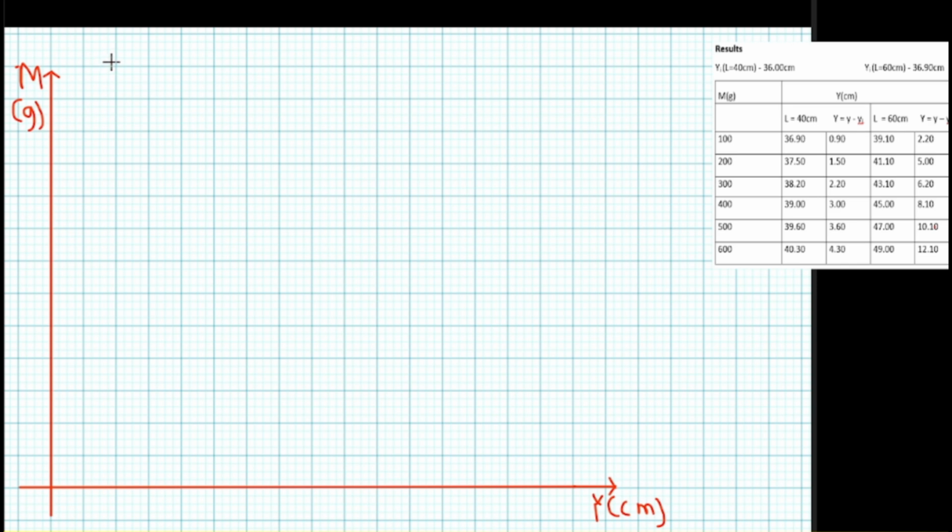The next thing now will be to title the graph. Title the graph is very important. You do all of these things. So what's going to be the title of this graph?